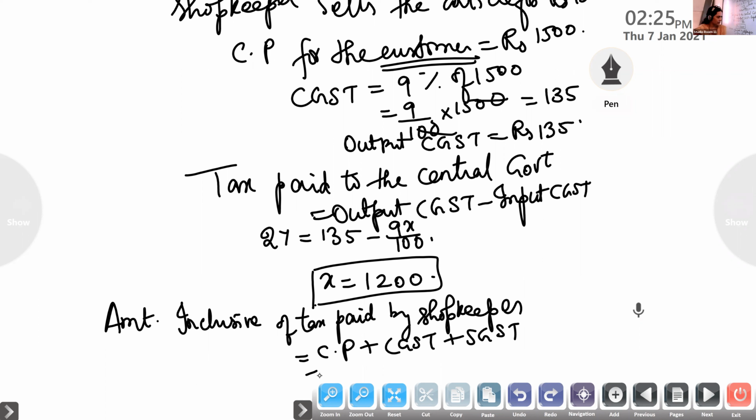So apply the values. Cost price, now we got this as X, so the cost price is 1,200, plus CGST, which is 9 by 100 of 1,200, plus again 9 by 100 of 1,200. Simplify this, you will get the answer.